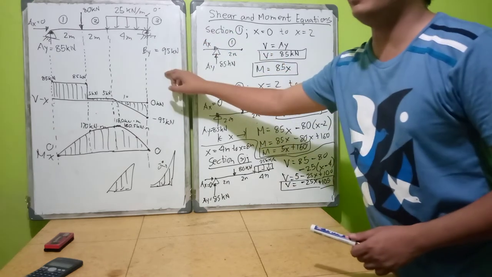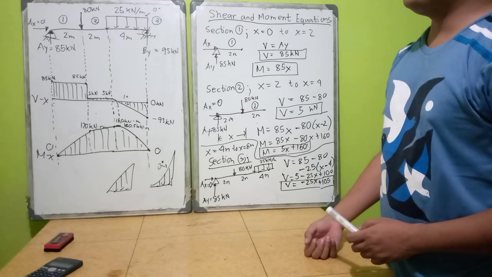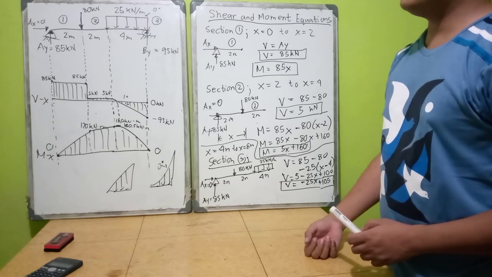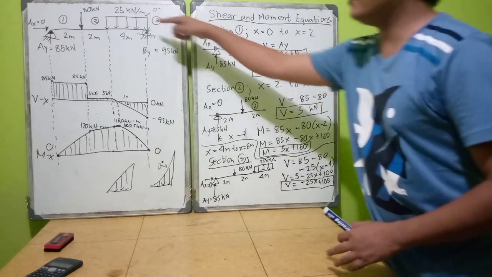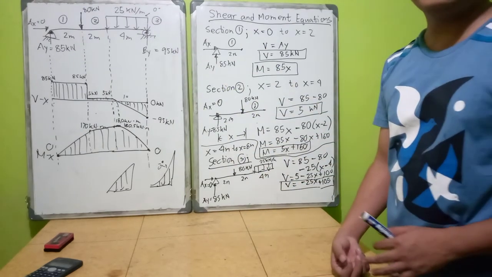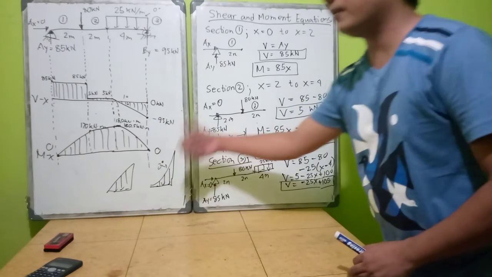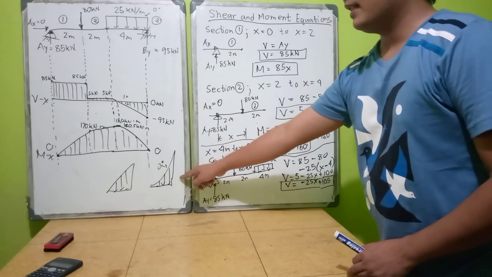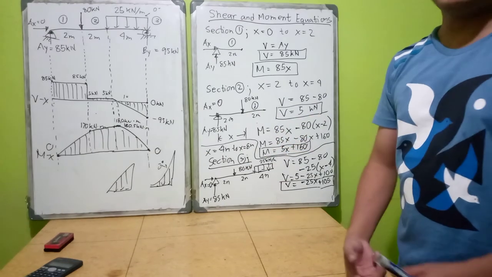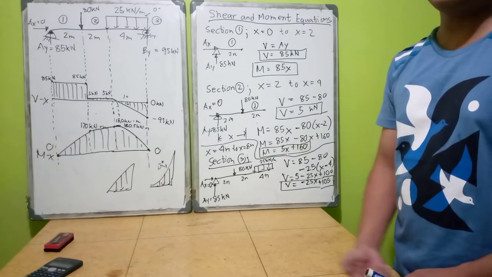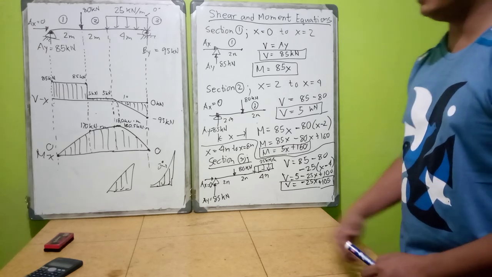But if your distributed load is only a uniformly distributed load, a rectangular distributed load, and not triangular or in the form of a degree curve, you can use the first method, as we saw in the second video, as I discussed there.